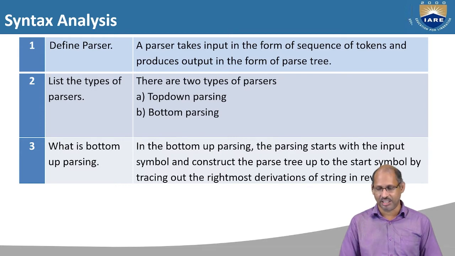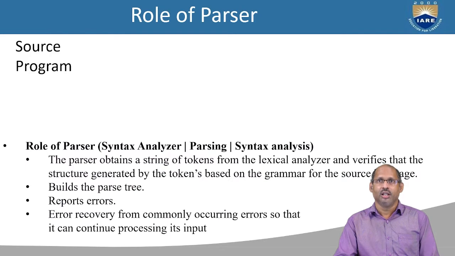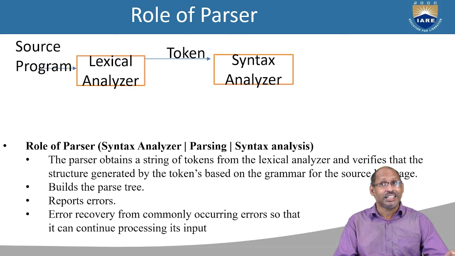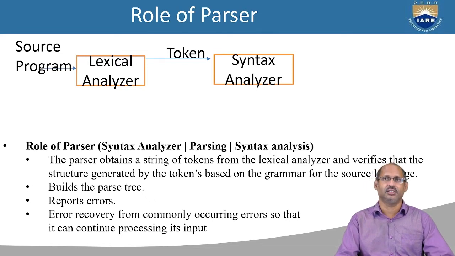The second phase of a compiler is the syntax analyzer. Right? The source program is given as input to the lexical analyzer. That is the first phase of the compiler, which generates tokens, which are the input to the syntax analyzer.